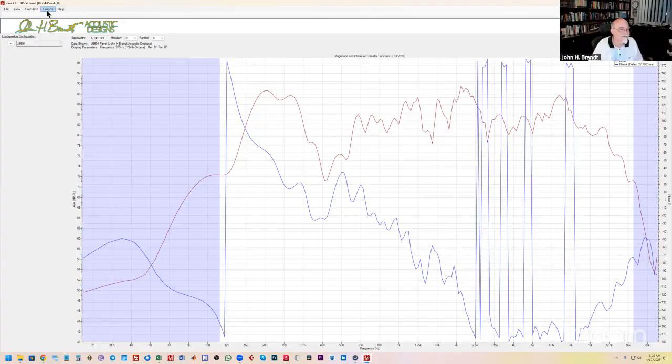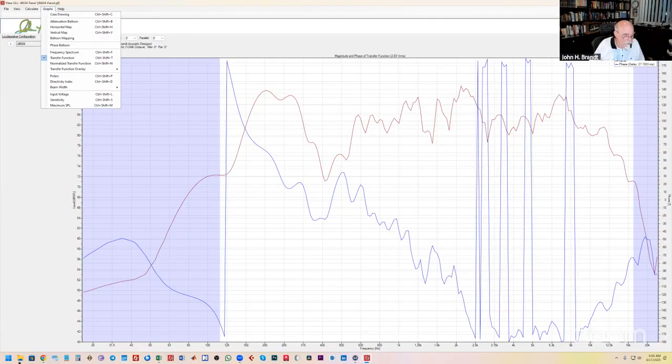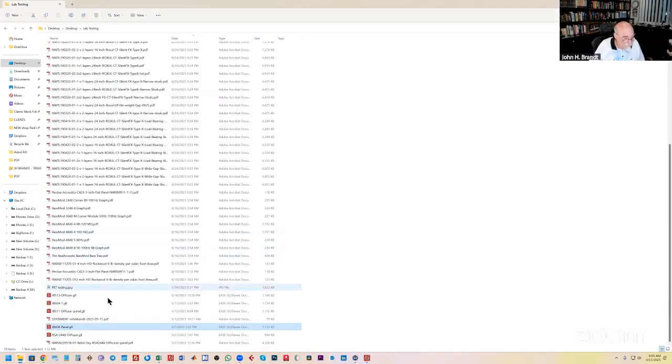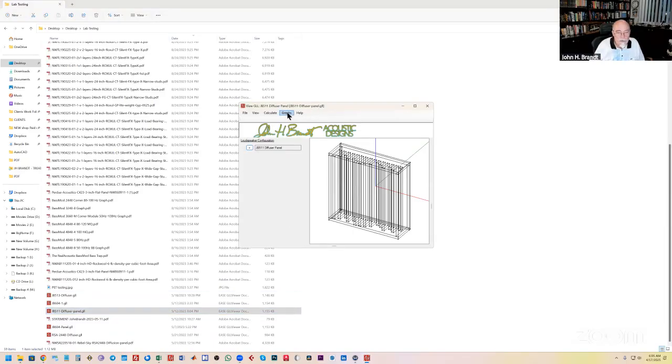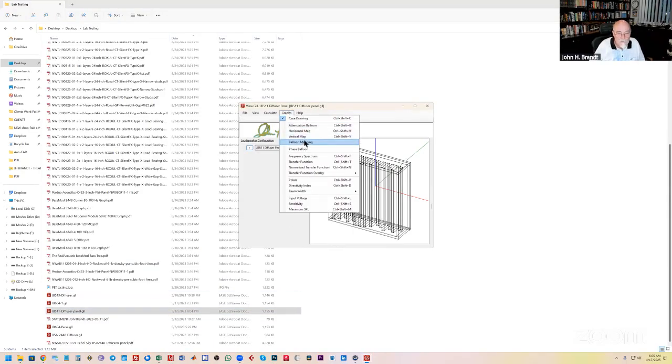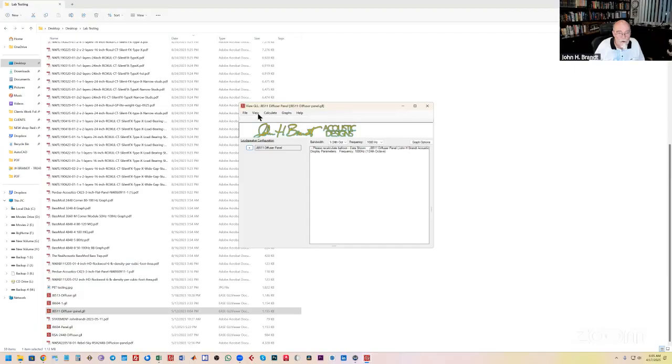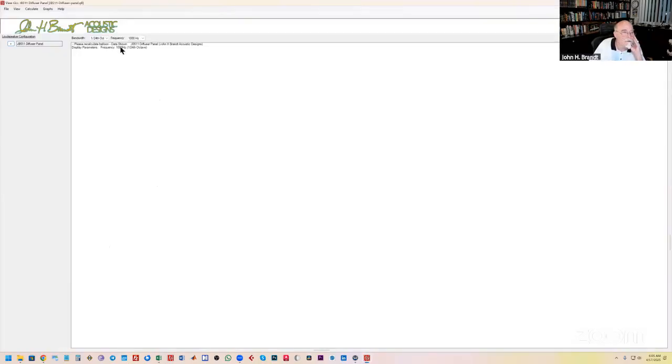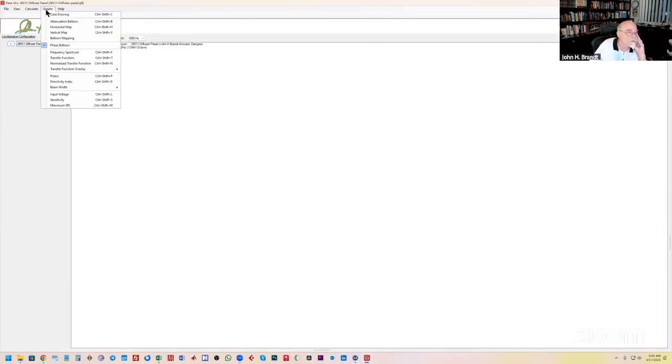Interesting. Very. If we open up the diffuser, the 510, 511, we see that phase balloon view. Still got that running. Okay, fine. What am I supposed to do here?